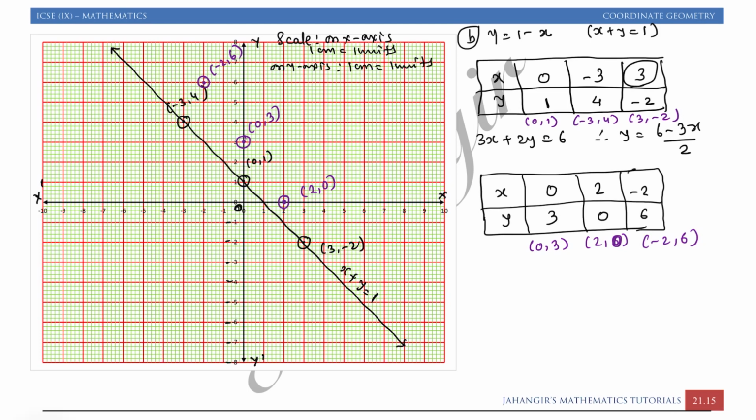Now let us draw and check whether it is intersecting or not. It should intersect.